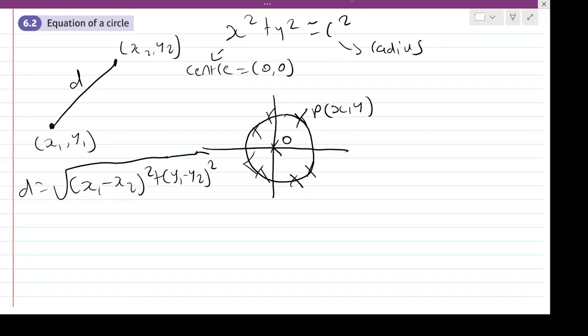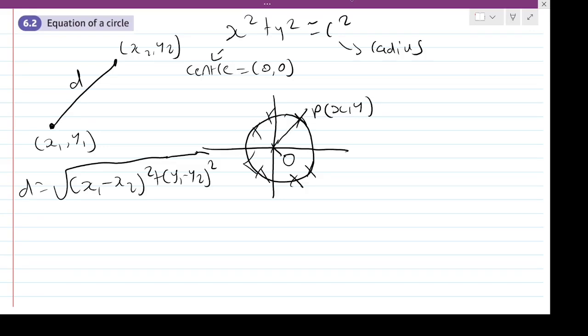Now the way circles work is that from the centre, from the middle of the circle, it's the same distance to any point on the outside of it. And we call that the radius, right?